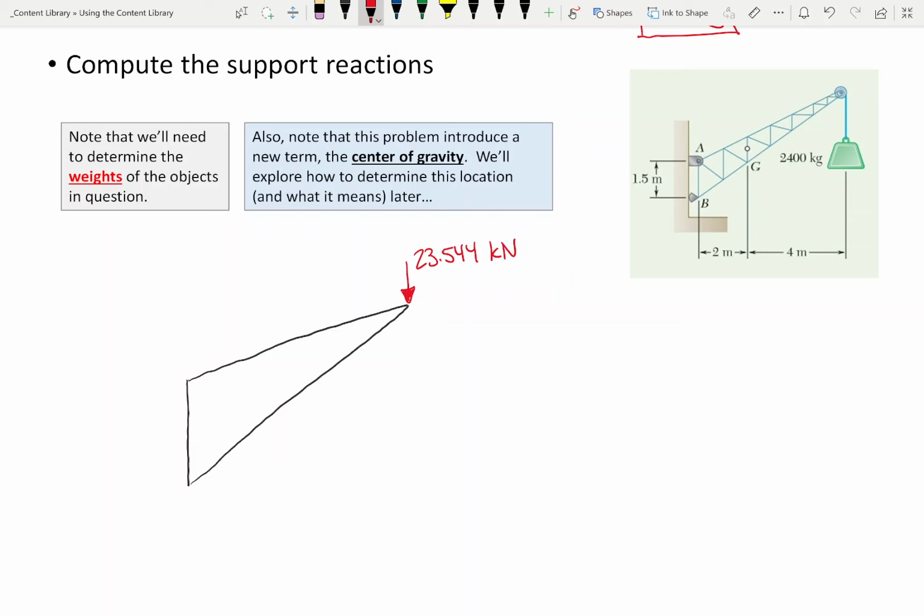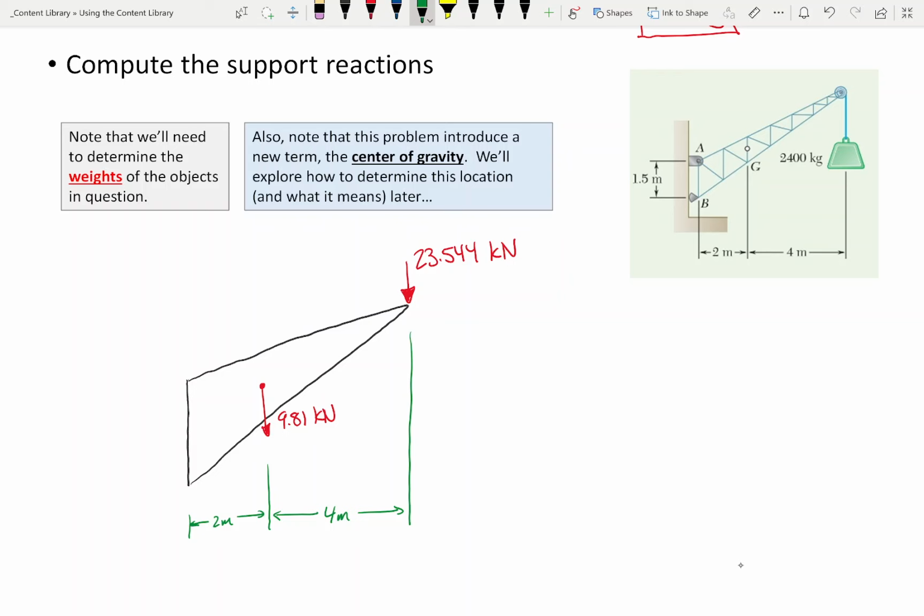And we also have a load right here of 9.81 kilonewtons. Okay? Let's put our dimensions on here. So from the problem, this is 4 meters. This is 4 meters and 2 meters.